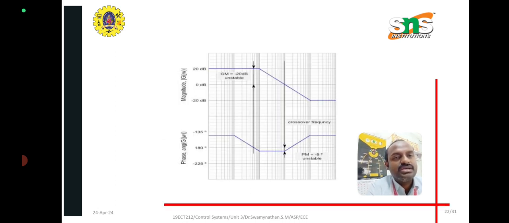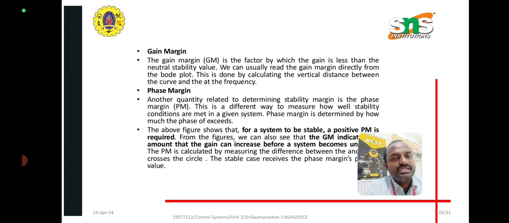And here this is the Bode plot curve. The magnitude is on the upper side and the phase angle on the lower side. From this you get the gain margin, that is 20 dB, and the phase margin, which would be 0 degrees for an unstable system. That is the gain crossover. Next, the gain margin and phase margin comparison.